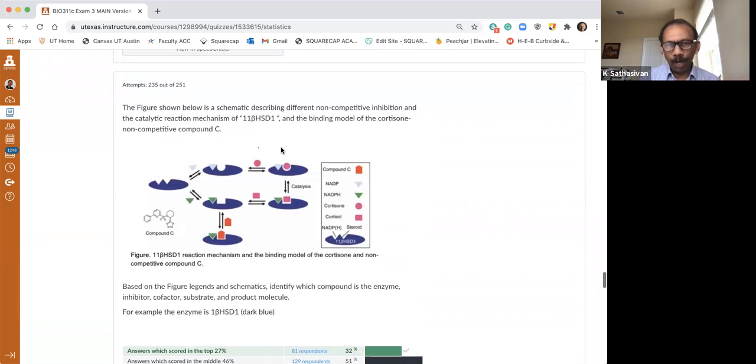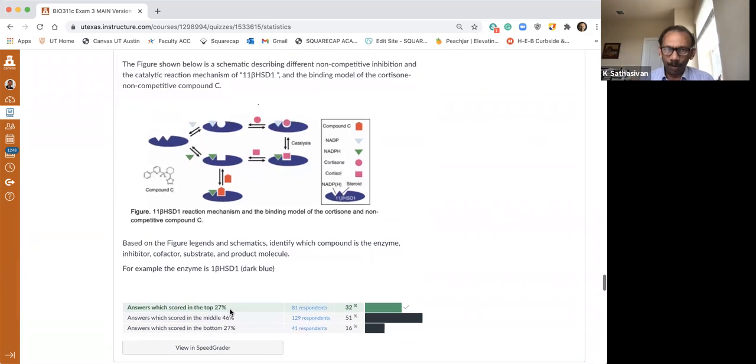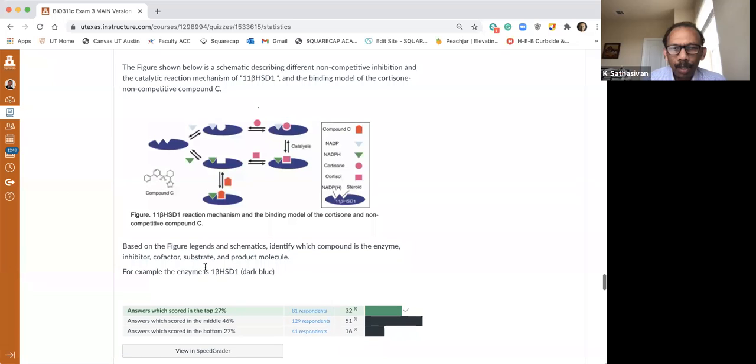And then the next one is straight from discussion section. And this is, again, a quarter of the class kind of remembered it. Even if you don't remember anything from discussion section, I'm giving you a hint. Based on the figure legends and schematics, identify which compound is the enzyme.